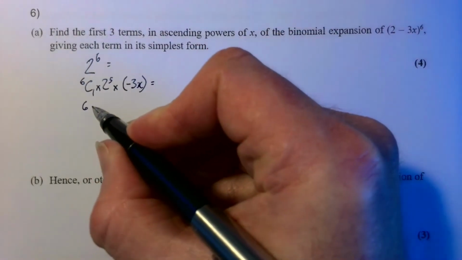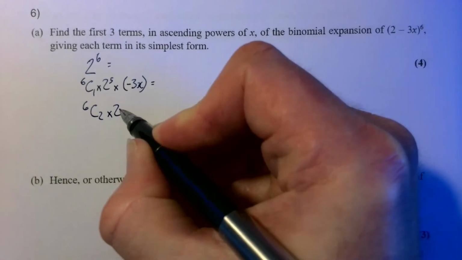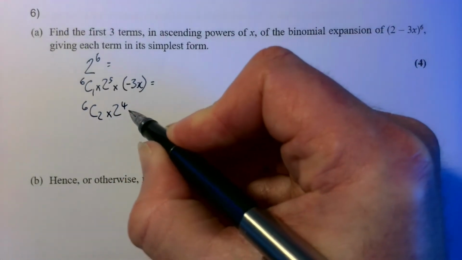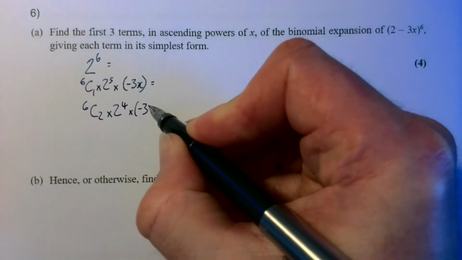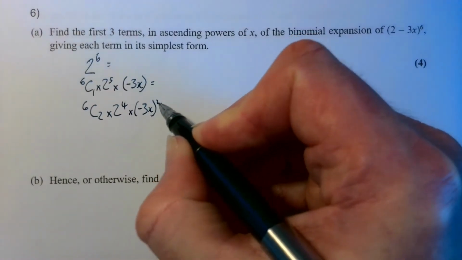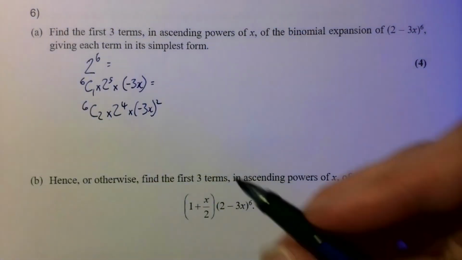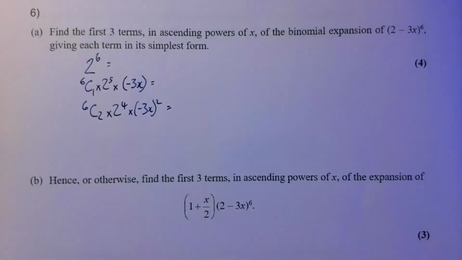And then the third term will be 6 choose 2 times 2 to the power, drop the power by 1, multiplied by the next bit, up that power by 1. And then we just need to go through and work out what each of those are.